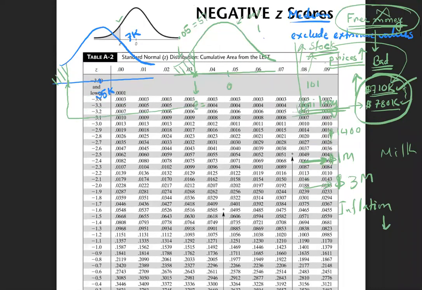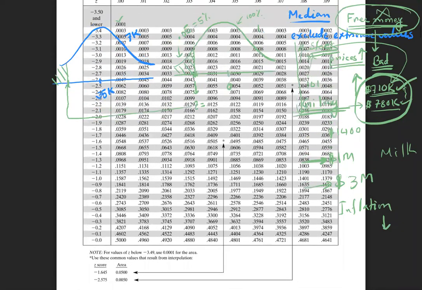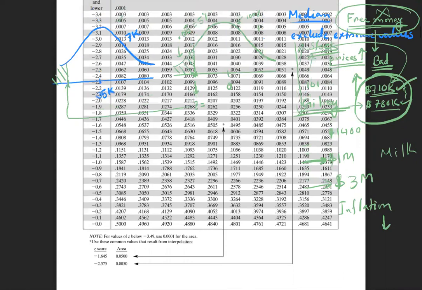So let's go back. This is a special value, 0.05. And as you can see right here, there is a star mark. So this is 0.0505 and this is 0.0495. Between these two, you get this value. 0.05 is in between.